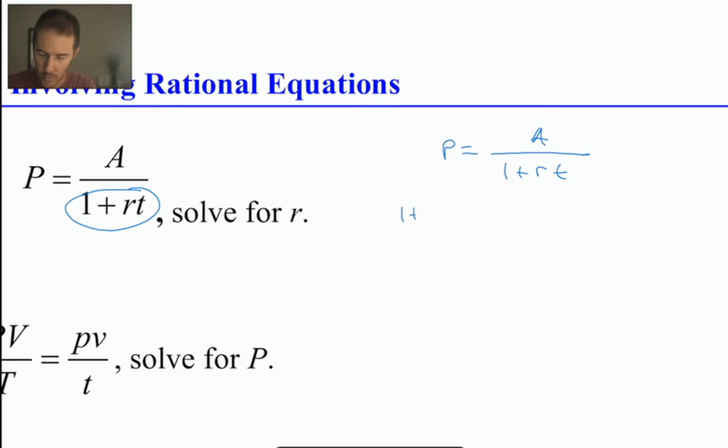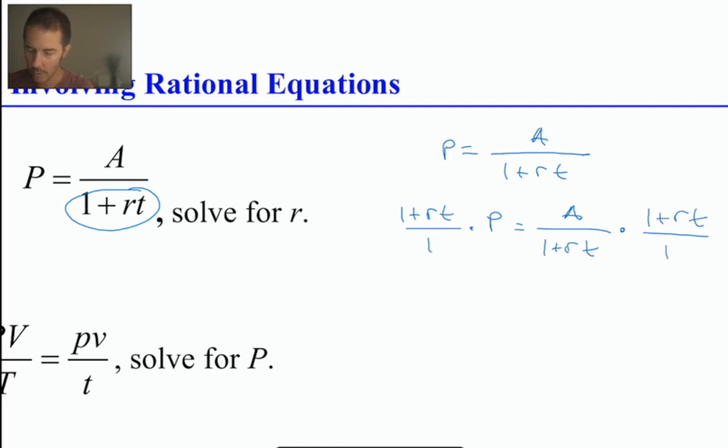Have a look. 1 plus RT over 1 times P equals A over 1 plus RT, but we have to multiply the right-hand side by 1 plus RT over 1 also. Hey, look at that. On the right-hand side, these 1 plus RTs cancel out, which allows me to rewrite my equation as 1 plus RT times P equaling A.